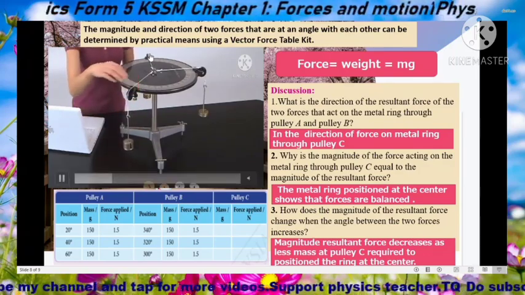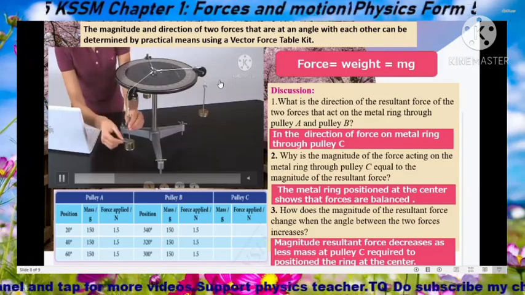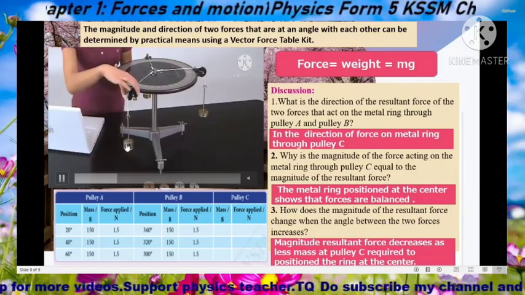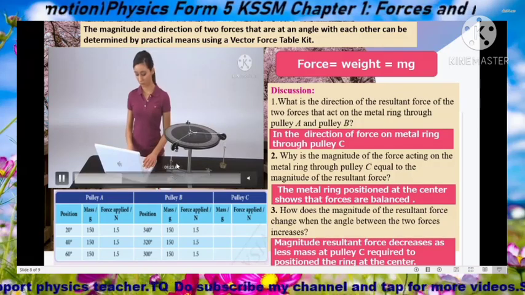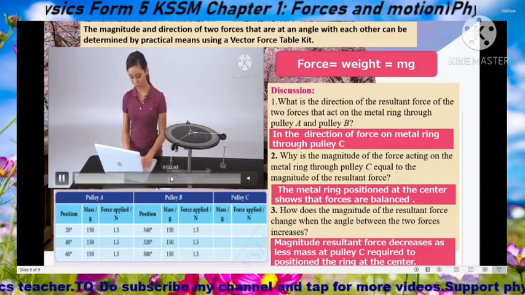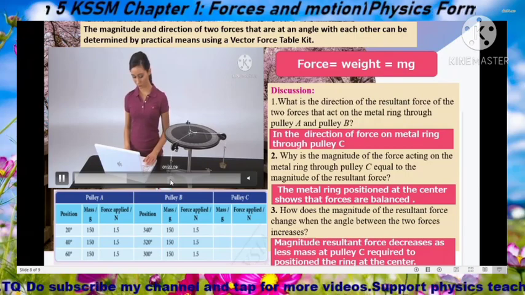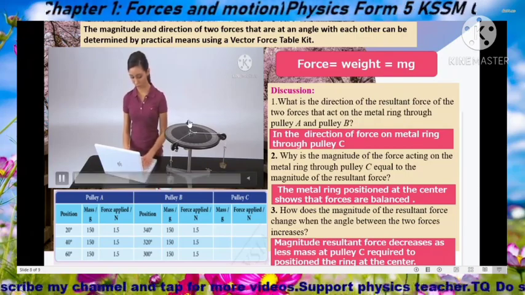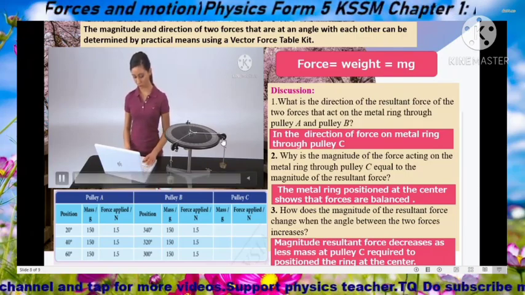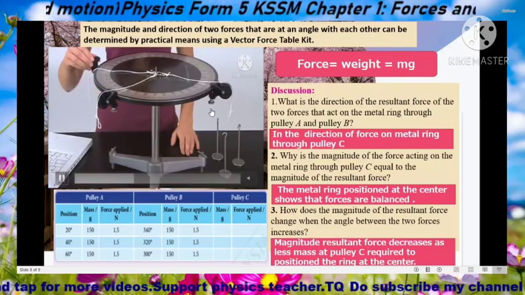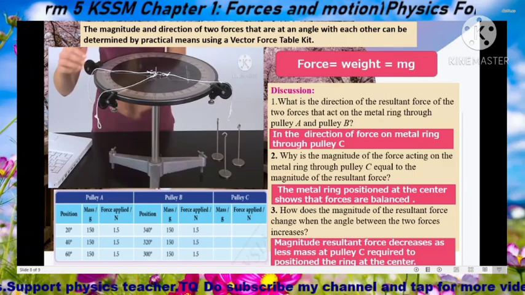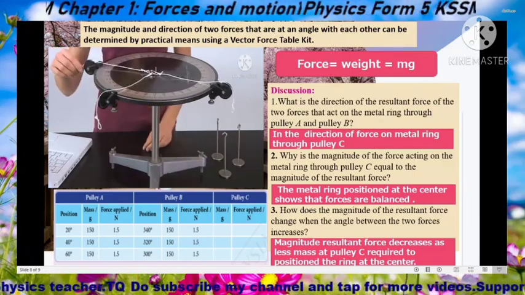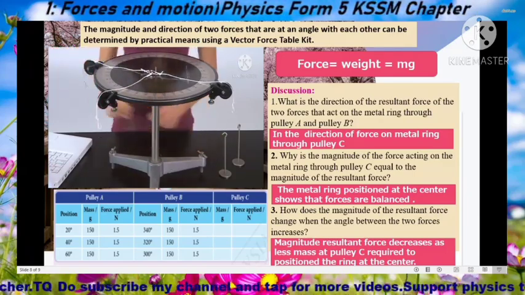Let's say we have two pulleys, A and B here, and this one is C. You must keep adding mass, so that finally the mass that you add will cause the load to balance the other two loads hanging at A and B. So you can repeat with different masses of load.